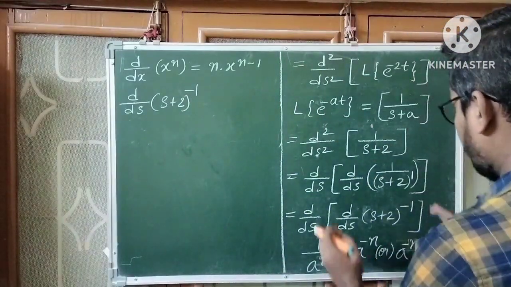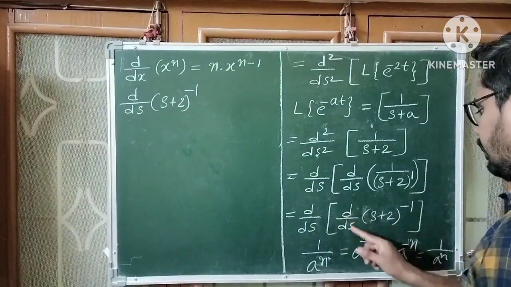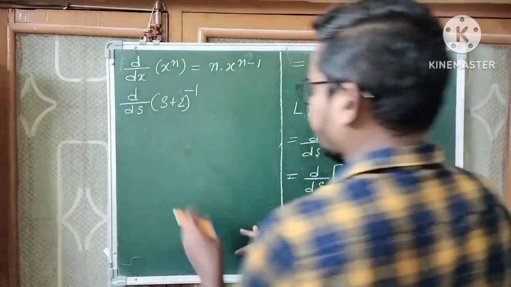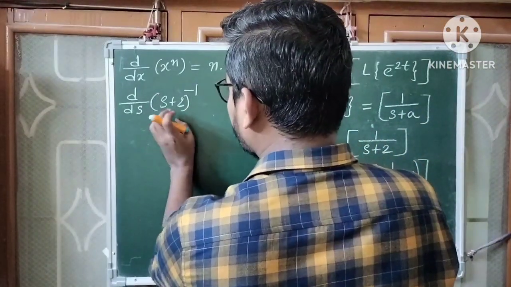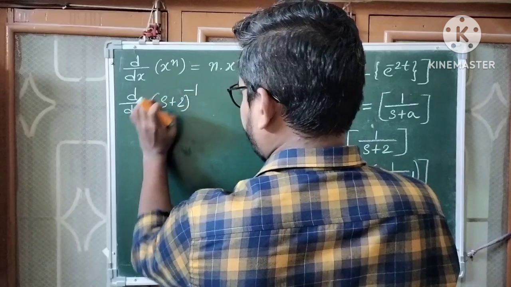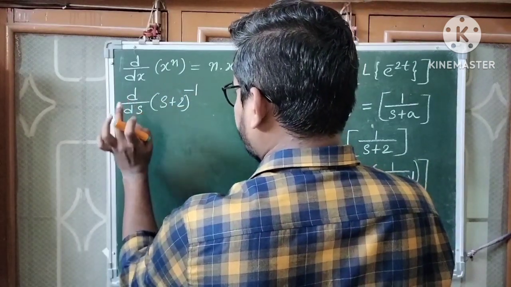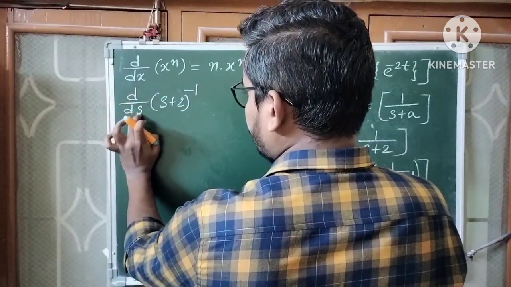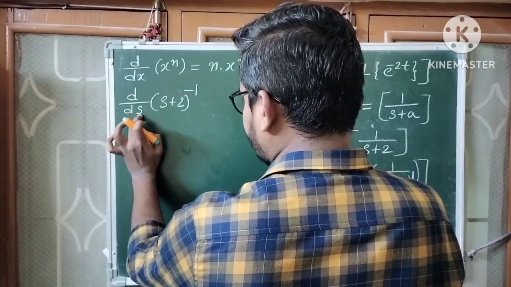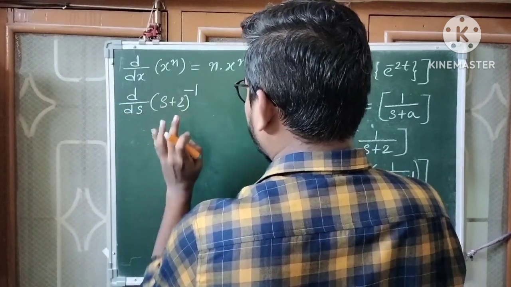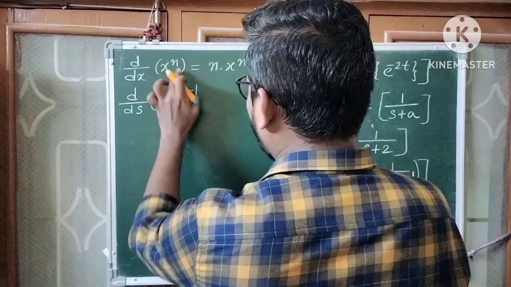Here I am considering only this part. So just assume s plus 2 as x. So here d by dx of x power minus 1, here in place of n we have minus 1.